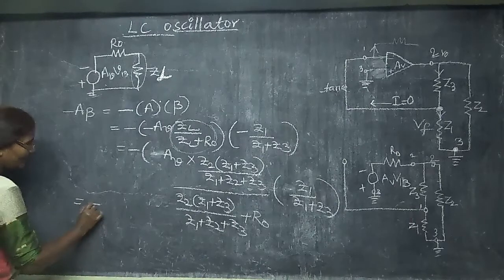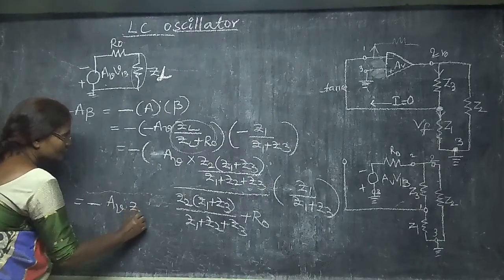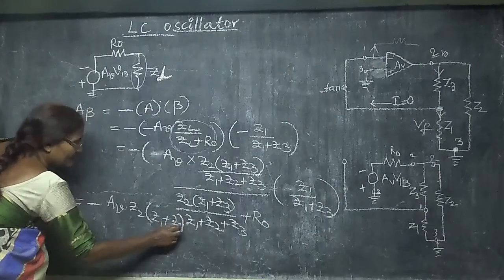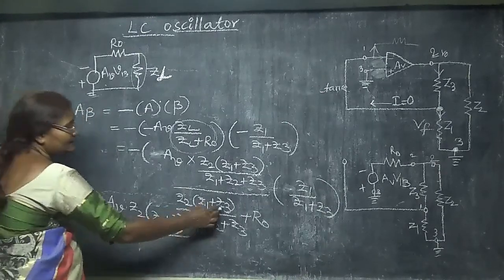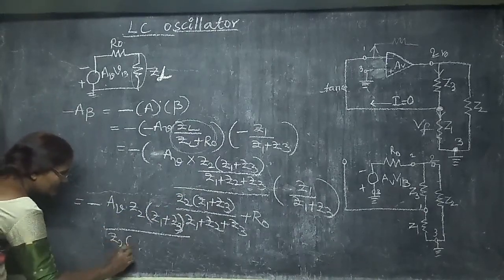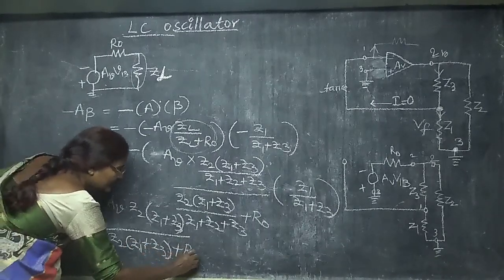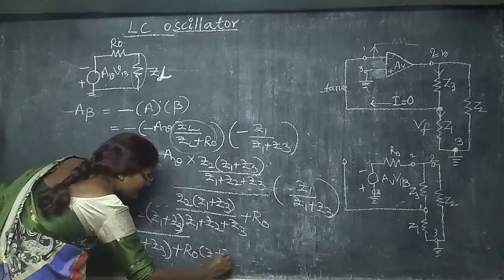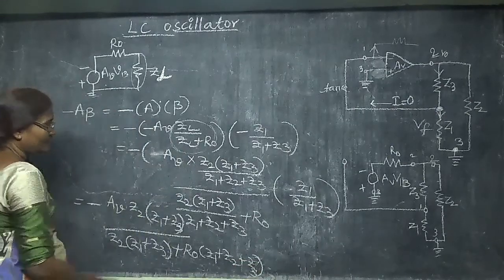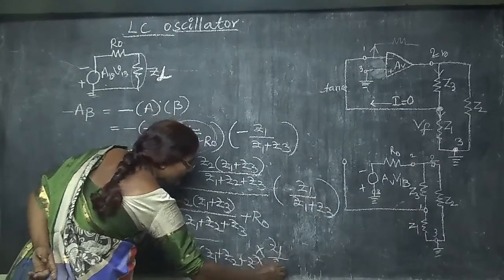This becomes minus A into Z2 into Z1 plus Z3 divided by, if I take the LCM, I can cancel these two: Z2 into Z1 plus Z3 plus R0 into Z1 plus Z2 plus Z3, into Z1 by Z1 plus Z3.